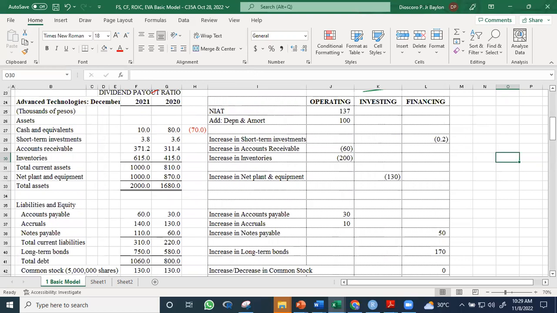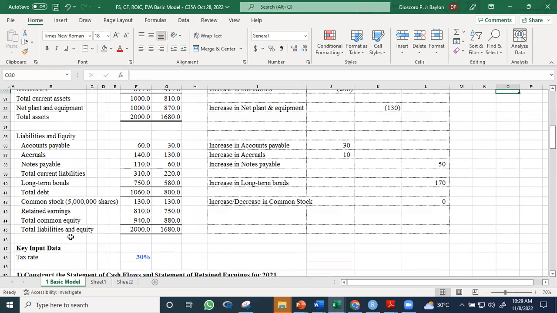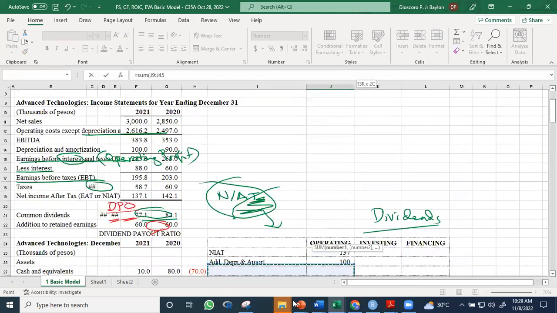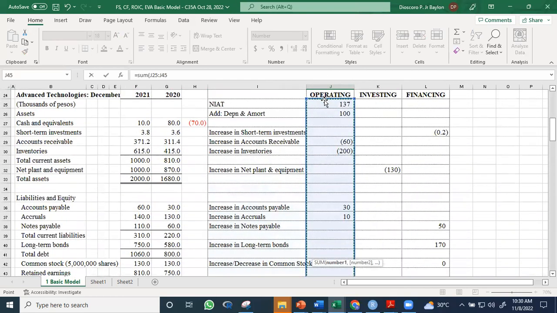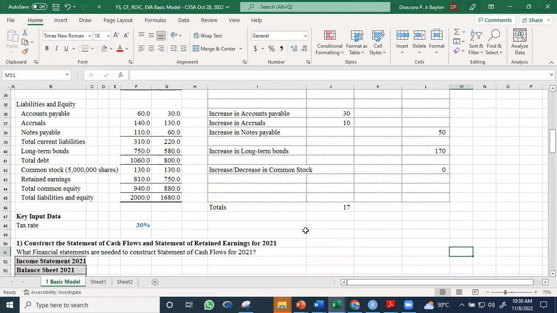All right, so far we have gone through the balance sheets. So let's total this now. Let's add everything under operating, investing and financing.